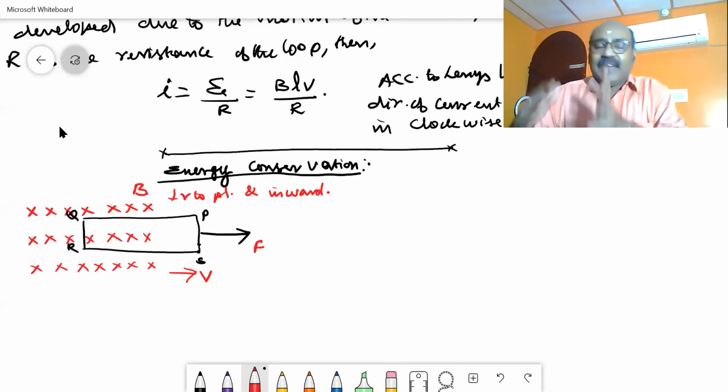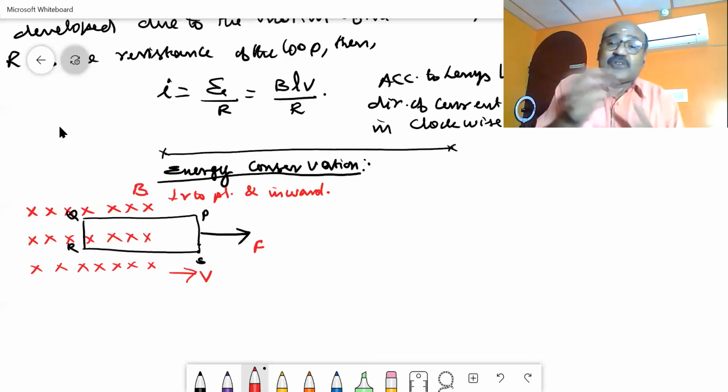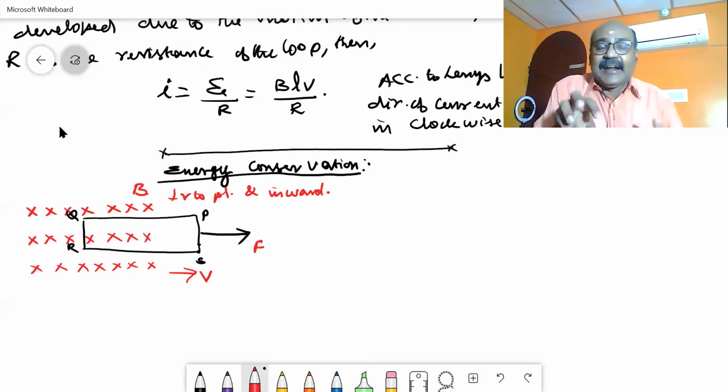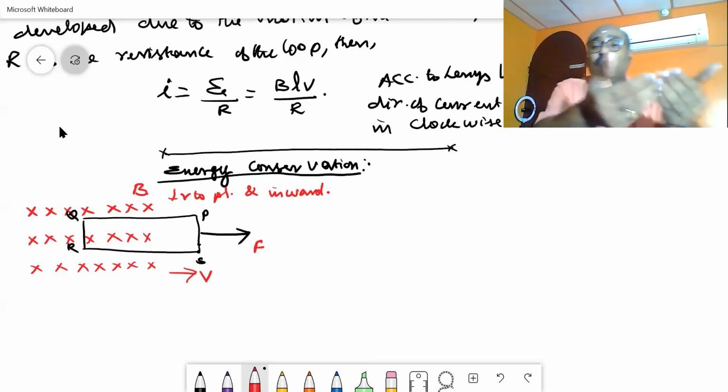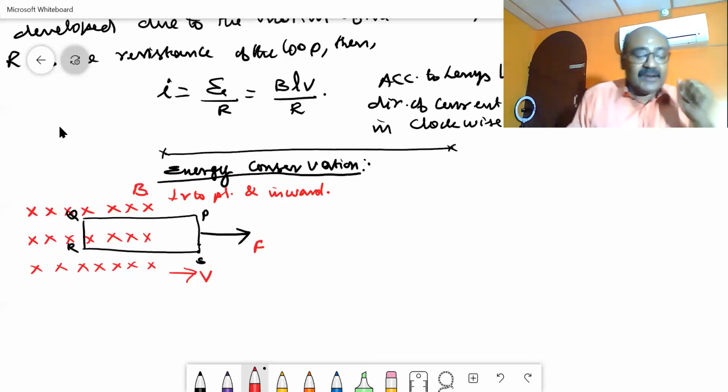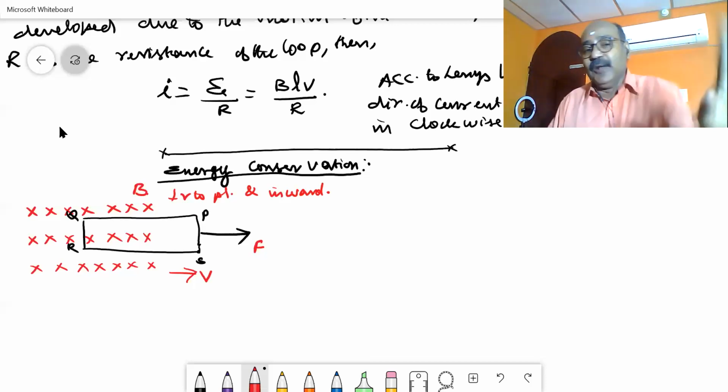We can see that later. Against that magnetic force I have to pull the loop, so mechanical work is done on the loop to make it move. So what is the mechanical work done on the loop?